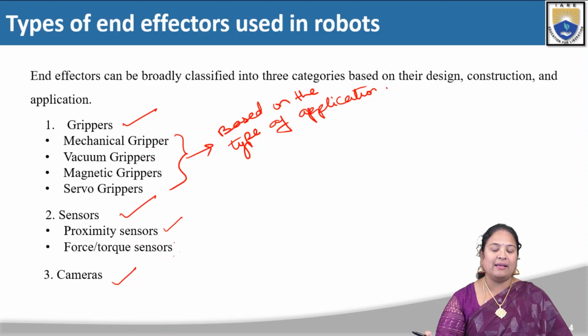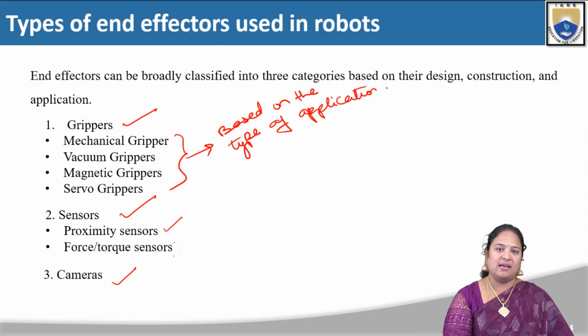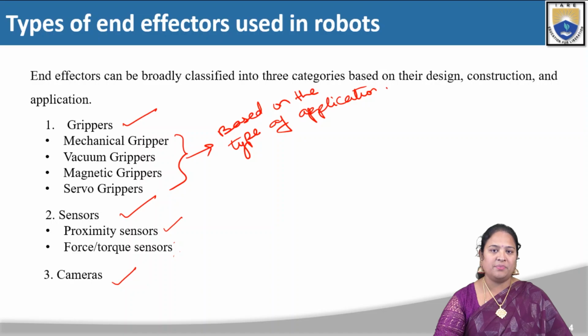We cannot grip them in the robot wrist. So with the help of sensors, we detect that object. The proximity sensor is generally used to detect the object and place it without touching it.